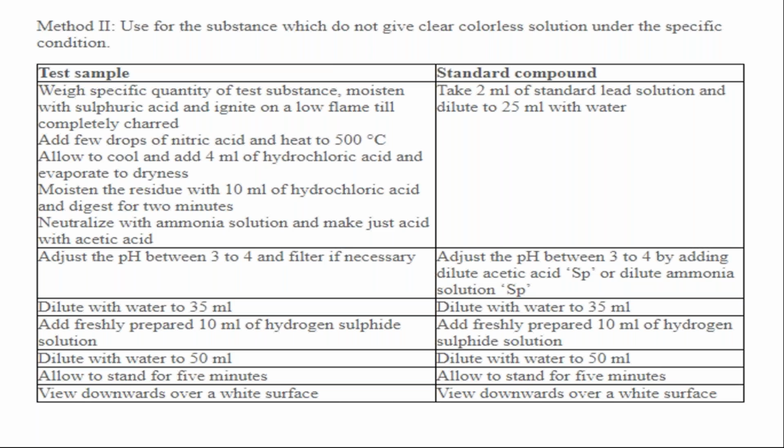The next steps that you see are similar to what you did in method 1. You're going to dilute to 35, add 10 ml of hydrogen sulfide, then again make up the volume to 50 ml and allow to stand for 5 minutes. It is only the first step that is different. Okay, let's have a look at method 1.